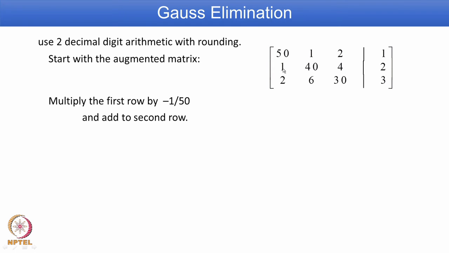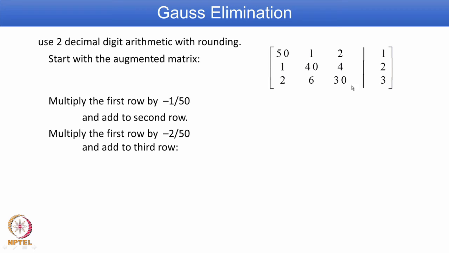The second row first element is 1, and the first row first element is 50. We want to make the second row first element 0. So to do that we multiply the first row by minus 1 by 50 and add to the second row, and that results in 0 for the first element in the second row.